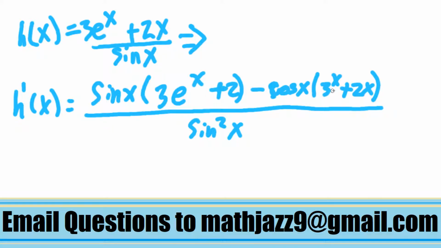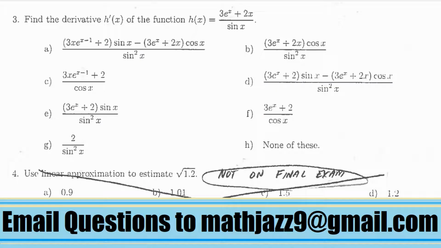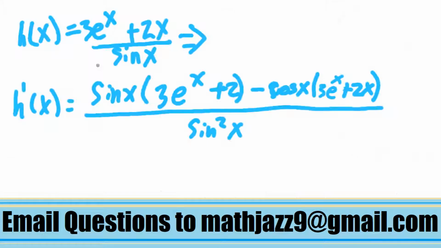And then here, instead of getting 3 to the x, we're going to get 3e to the x. There we go. This is the derivative of the function, and that was the derivative listed as D. D looks like the answer. 3e to the x plus 2 sine x minus 3e to the x plus 2x cosine x. Yes, that looks like what we got.